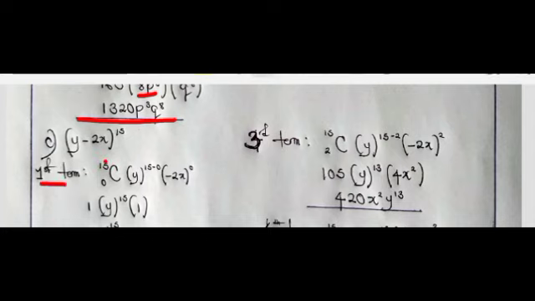Since we're trying to find the first term, I mentioned earlier that for any term, the value of r would be term minus 1. So since it's the first term, term minus 1 is 0. That's why we put a 0 there. The first value is y to the power 15, n minus r, so 15 minus 0, and then negative 2x raised to the power r, where r is 0.